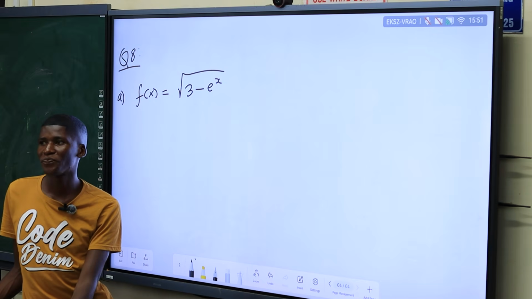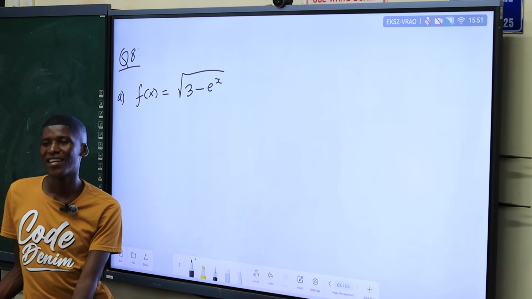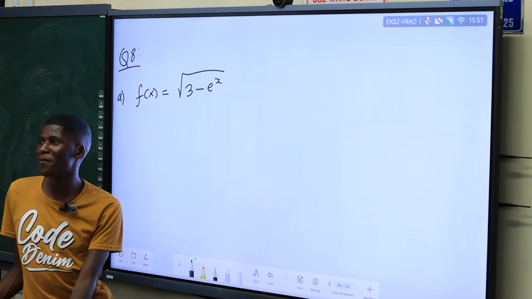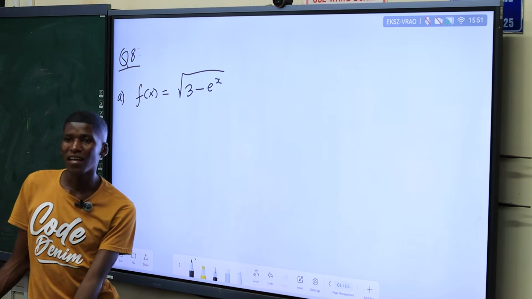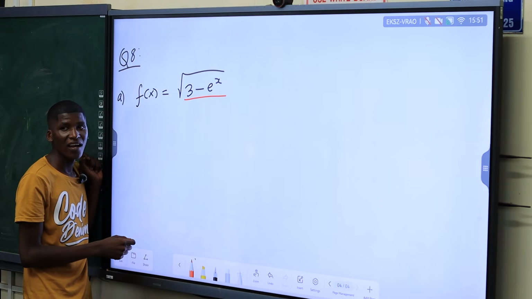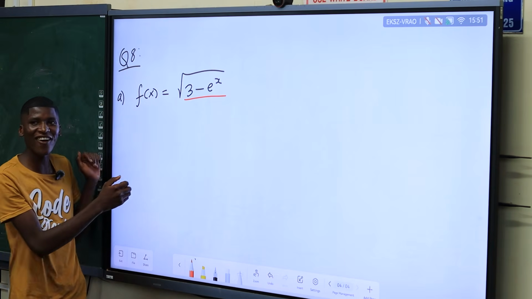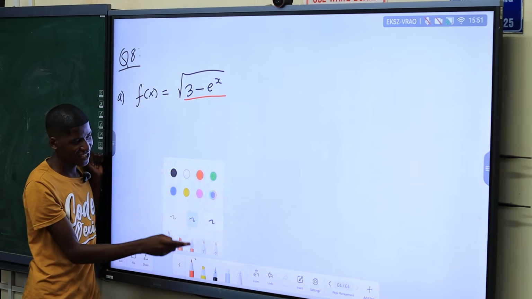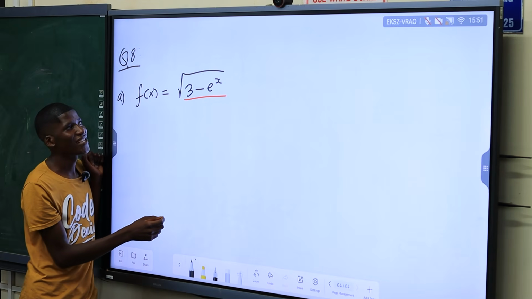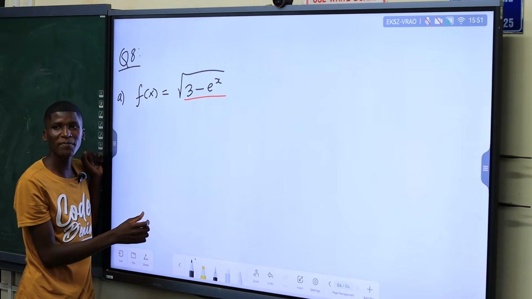We have practiced this, we have done all these domains. Exactly. This thing under the square root must always be what?